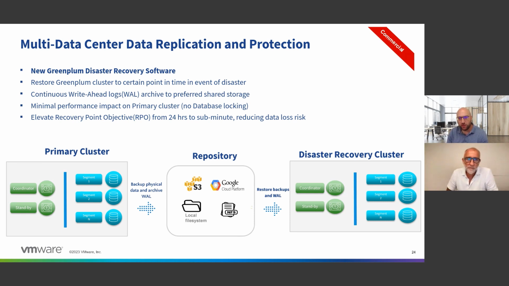So we now have a disaster recovery solution based on write-ahead logs that can automatically archive your data as you're updating it in real time and replicate it to a second data center, keep that second data center up to date, and then in the event that the primary data center has an issue, you can do a cutover, make the second data center your primary, and then when the primary comes back up, convert that back either into the secondary or fall back, either way. So this is a proper DR solution that you'd think of from a smaller scale relational database, but now running on a massively parallel scale type of system.